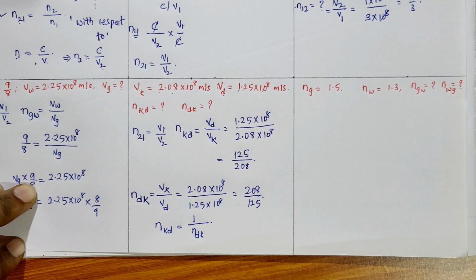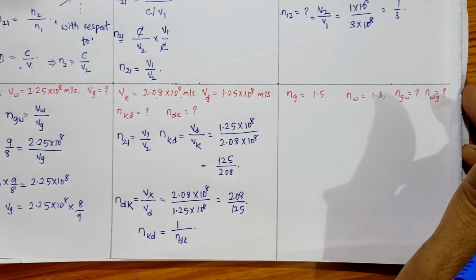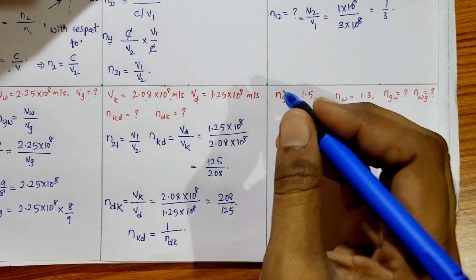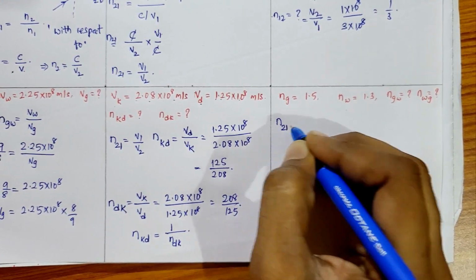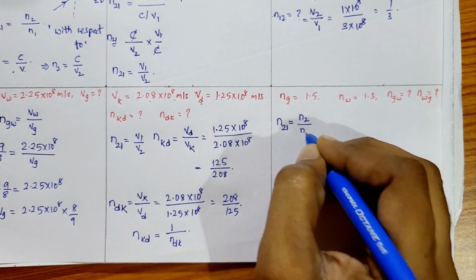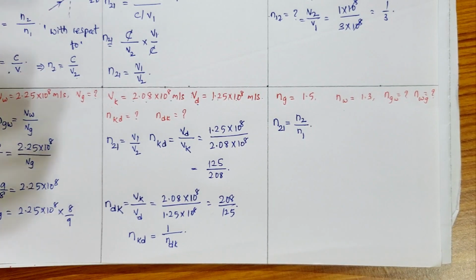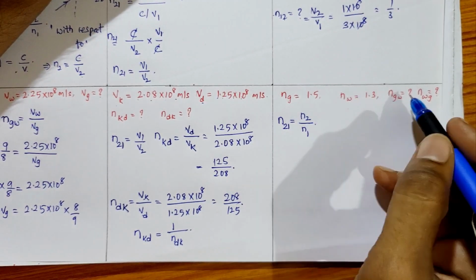Okay. So now let us solve the next model question on refractive index, that is on the formula N21, refractive index of second medium with respect to first medium is equal to N2 divided by N1. Okay. So what do they ask to find?